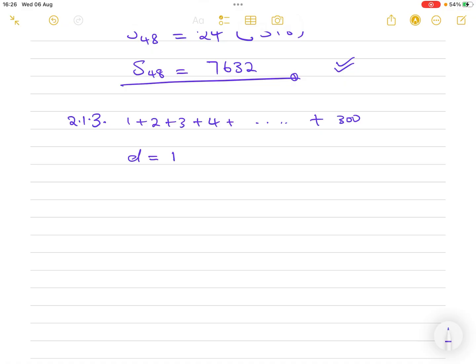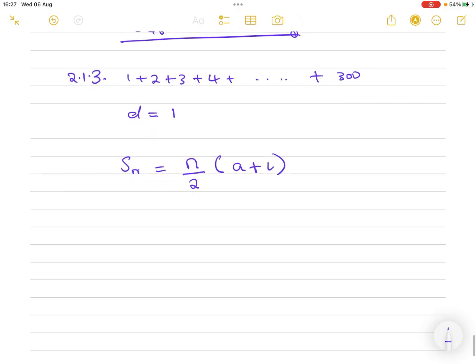What is next? In our arithmetic series, the sum is n over 2, and then we have the first term plus what? The last term. Do you get me? So in this case, we are looking at 300 terms. So the sum of 300 terms is 300 divided by 2, into the first term, 1, plus what? 300.